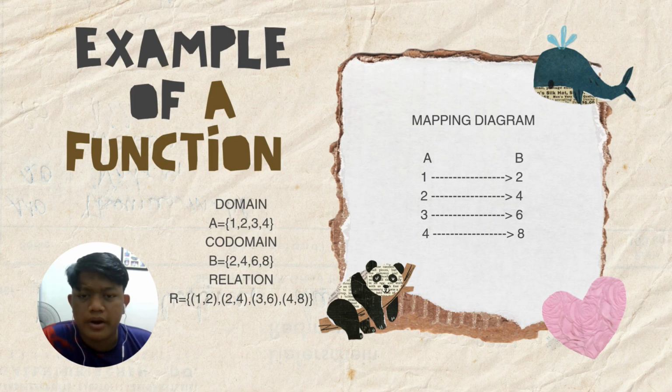Looking at the mapping diagram, we can see that each element in the domain has exactly one arrow pointing to one element in the codomain. Since every input has only one output, this relation satisfies the definition of a function.